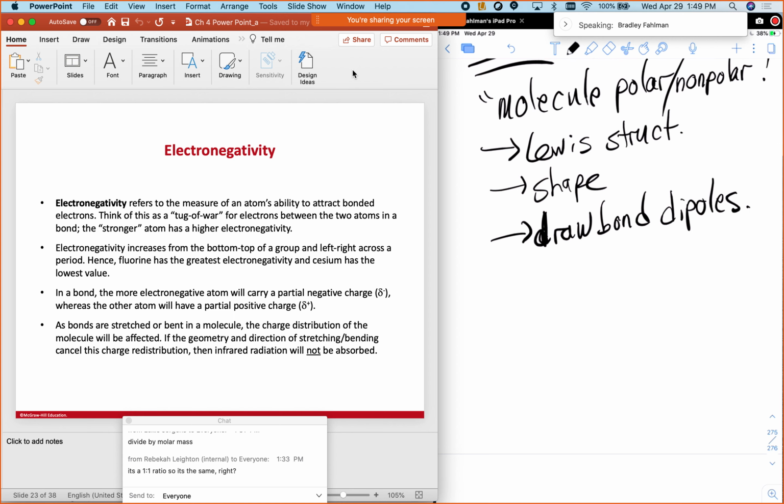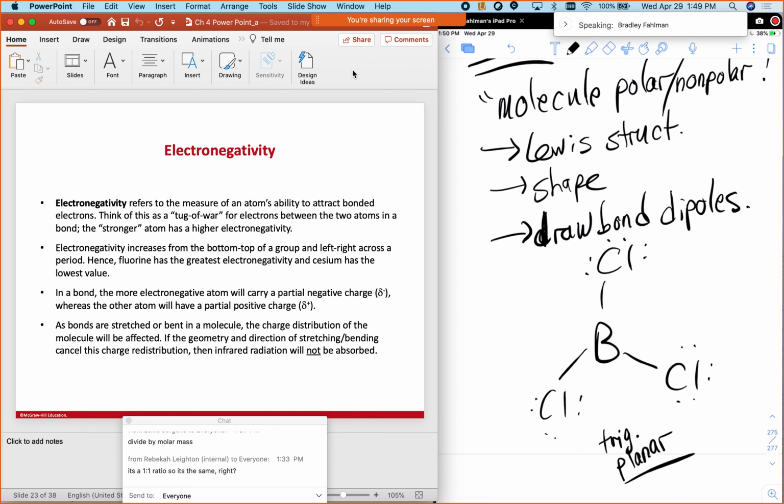Okay, and so let's just do an example as we're talking here. So let's say boron trichloride. That would be its Lewis structure. Its shape is going to be trigonal planar. Okay, and then out of boron versus carbon or chlorine, which is more electronegative?